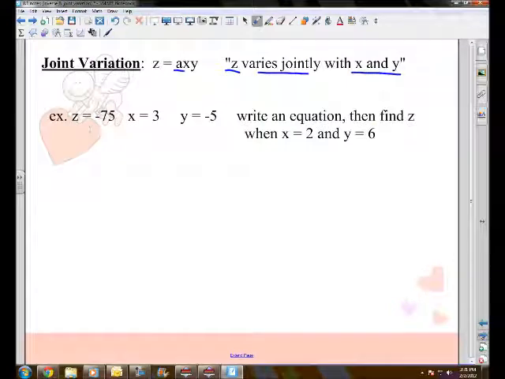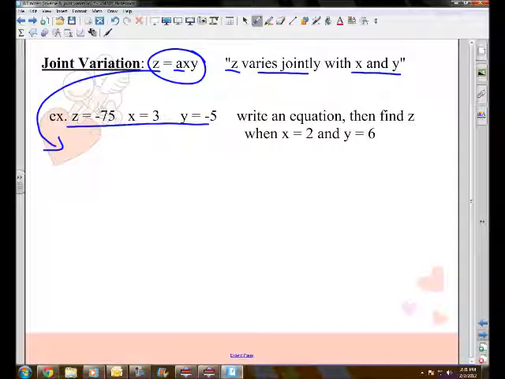Going back to our joint variation, we've got z, x, and y, and we're going to try and find our constant of variation. I think we can handle that. All right, we're going to pull this equation down here, and we're going to substitute in what we've got here. So, negative 75 for z equals a times xy. x is 3, and y is negative 5.